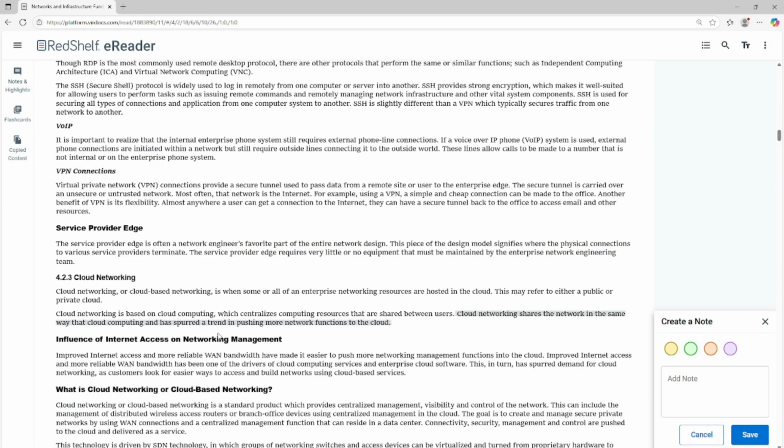Cloud networking, in layman's terms, is you moving your resources and having a third party take control and management of it from a remote location.